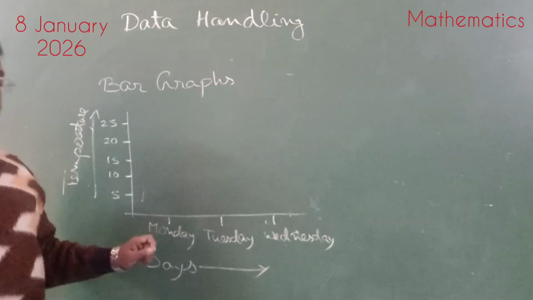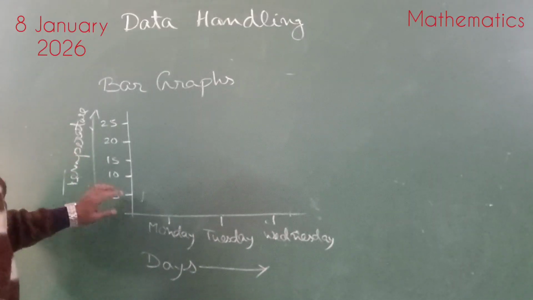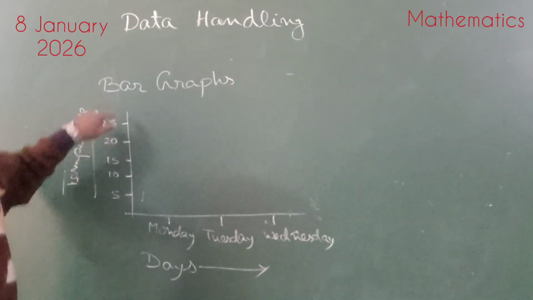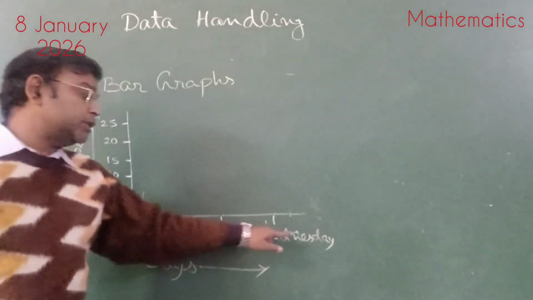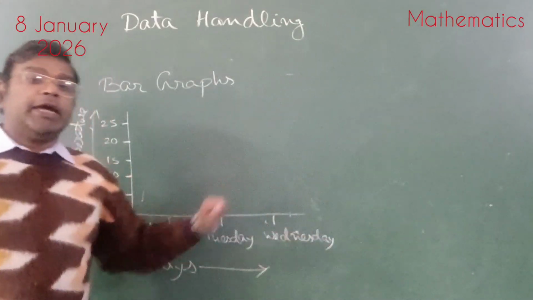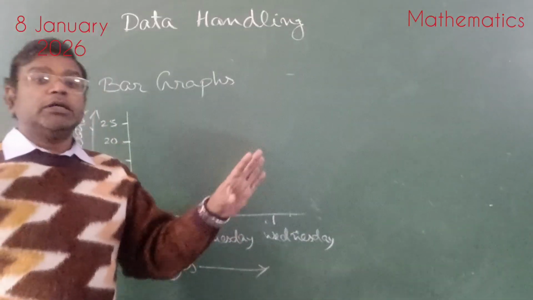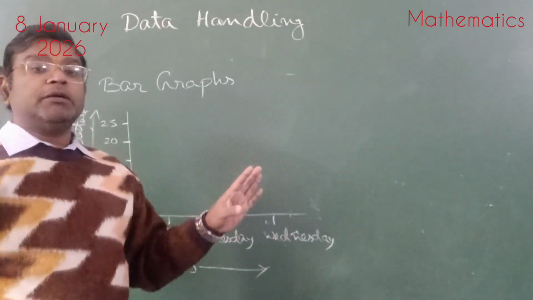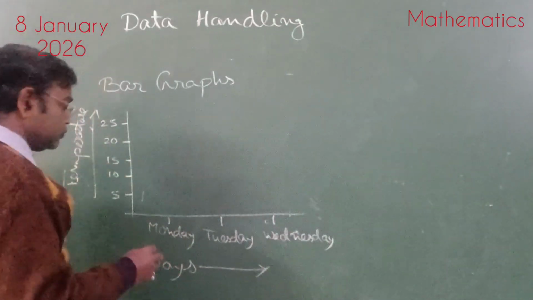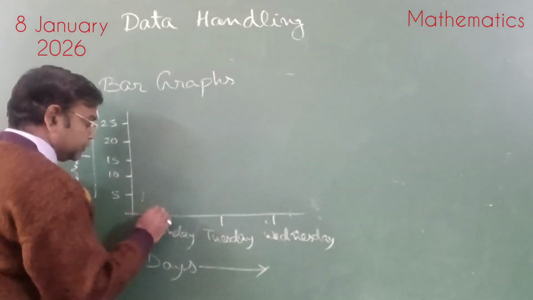Always remember that variable quantities are represented on the y-axis and fixed ones are plotted on the x-axis. Now, while preparing the bar graph, always use bars of equal width.